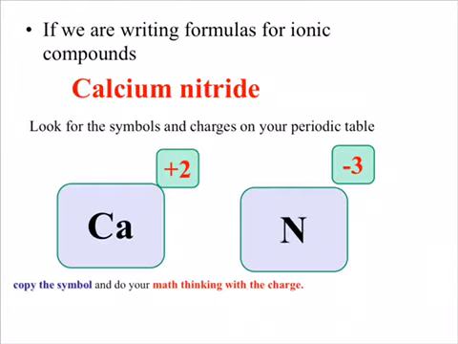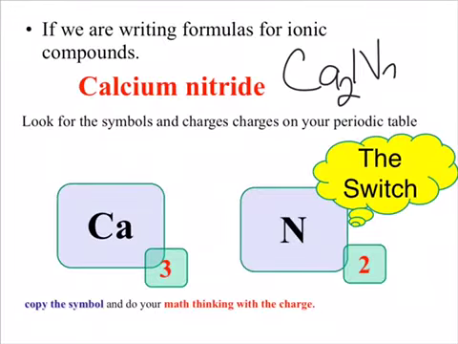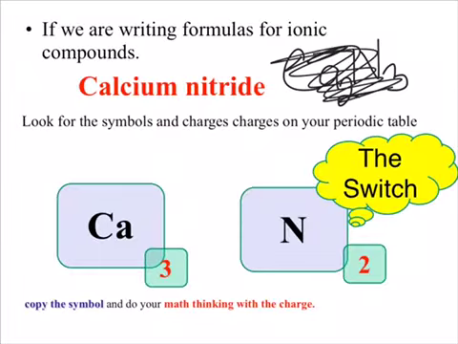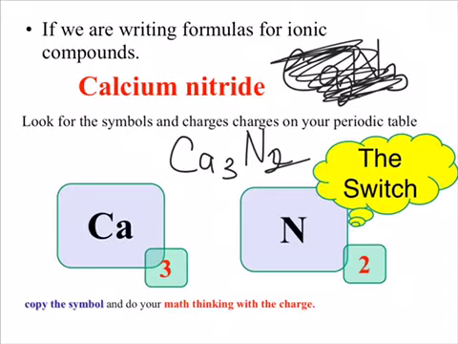So your formula, 3, 2, 2, 3. Oh, I did that backwards, I'm sorry. 2, 3 becomes 3, 2.